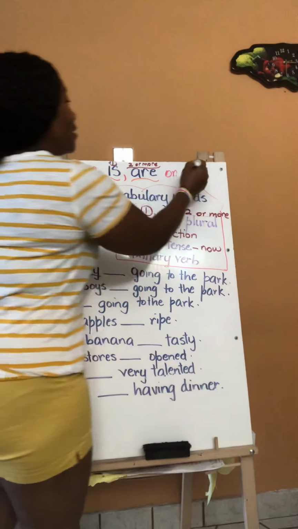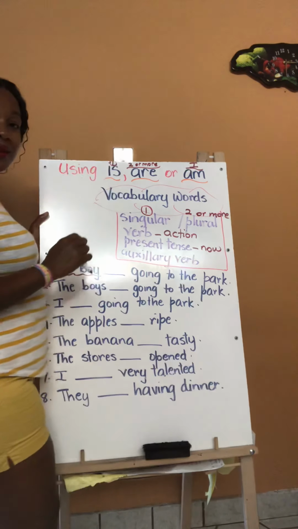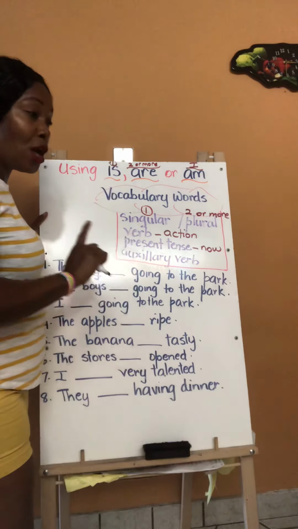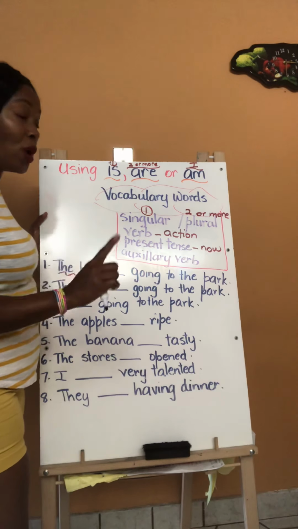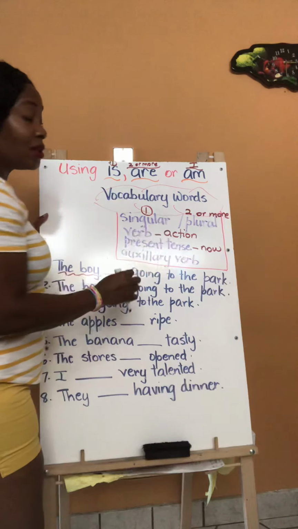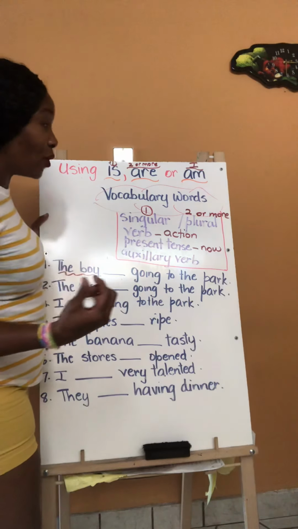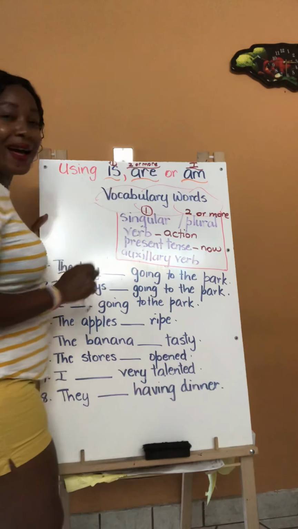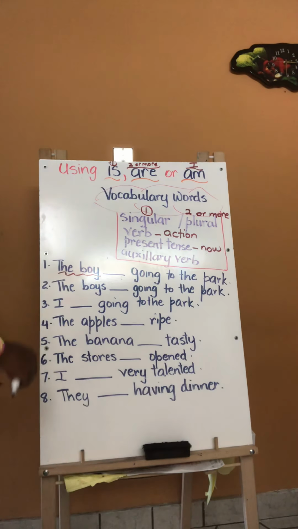So let's go again. Is goes with singular when we're talking about one thing, one place, one animal, one person. Are goes with plural, so two or more. And then am goes with the word I. So let's go back to number 1.